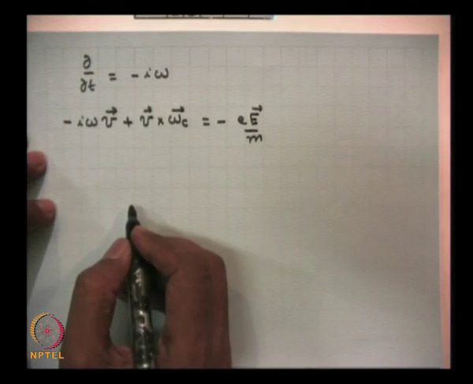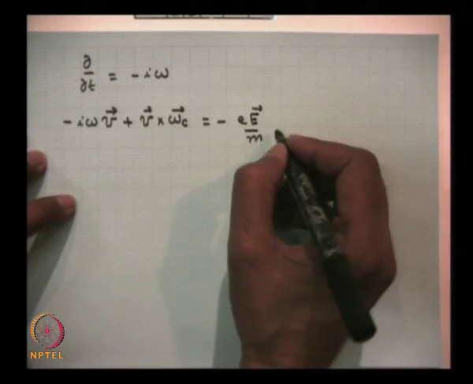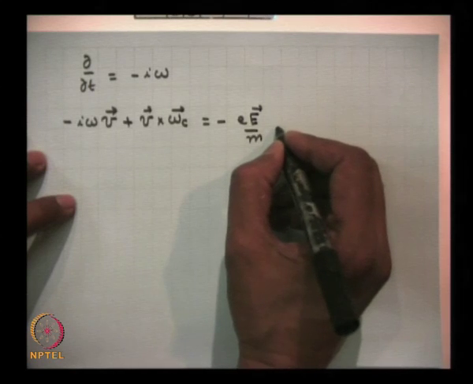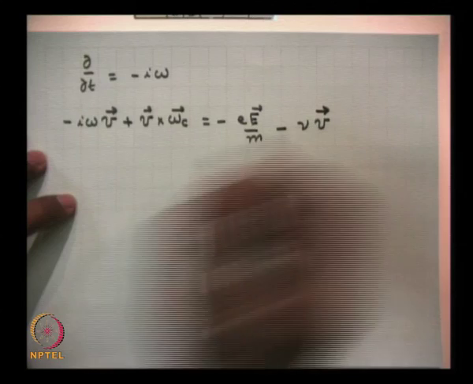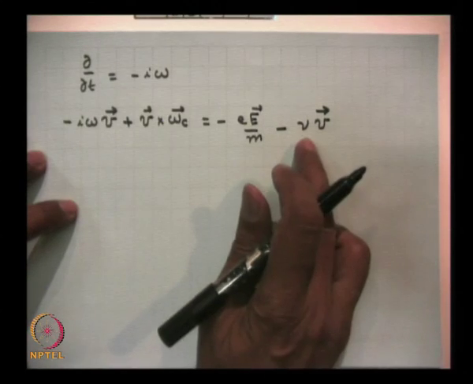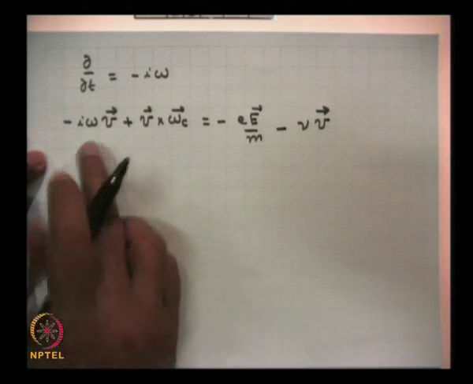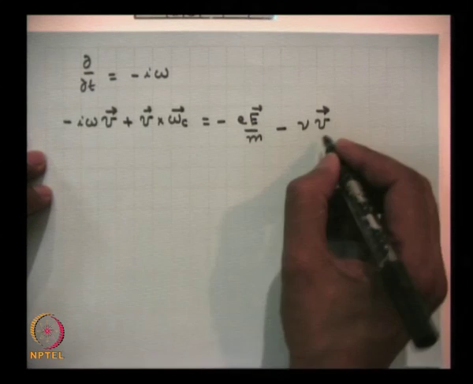If there were collisions, then I should use a collision term also, which will be minus nu V. This is the collision term I can add, and this can be combined easily with this V term here.